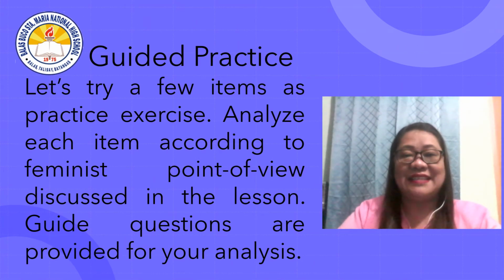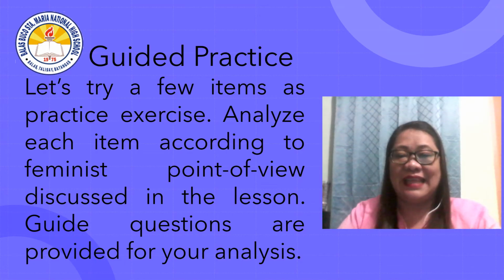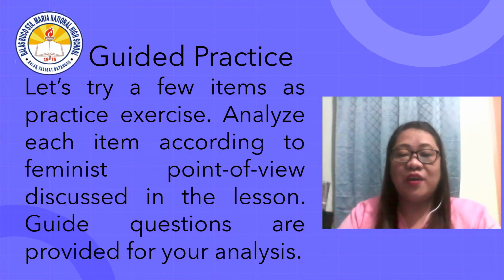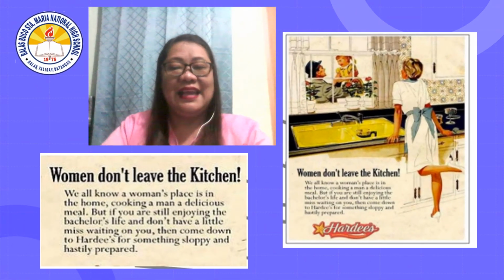And now let us have this guided practice. Let's try a few items as practice exercise. Analyze each item according to feminist point of view discussed in the lesson. Guide questions are provided for your analysis. Let us now take a look on this image.